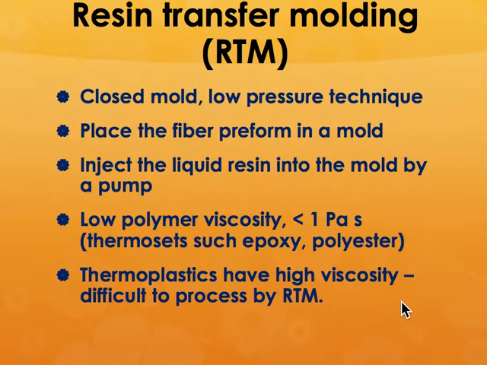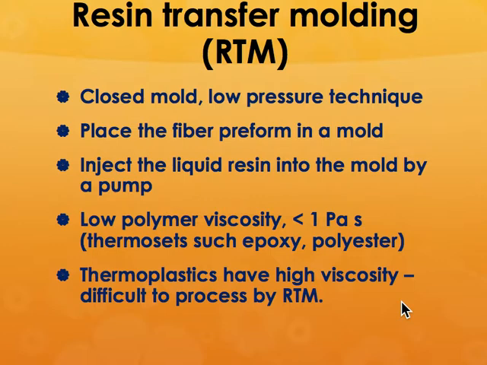Anyway, resin transfer molding, we started talking about that. Basically it's a closed mold process where you are infusing a low viscosity polymer into a fiber preform, and you inject the liquid resin into the mold by a pump.